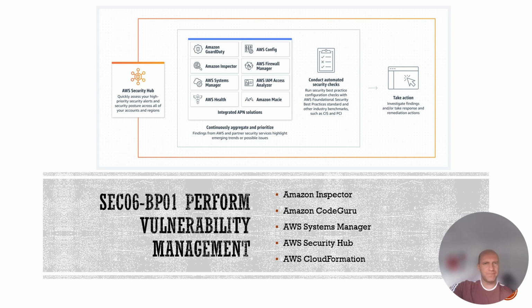Amazon Inspector is a vulnerability management service that continually scans your AWS workloads for software vulnerabilities and unintended network exposure. Amazon Inspector automatically discovers and scans running EC2 instances, container images in Elastic Container Registry, and AWS Lambda functions for known software vulnerabilities and unintended network exposure.